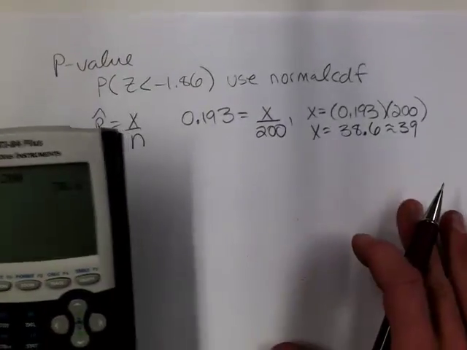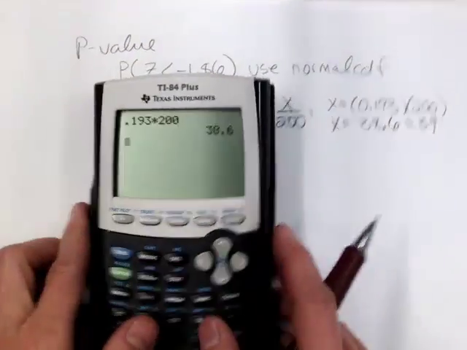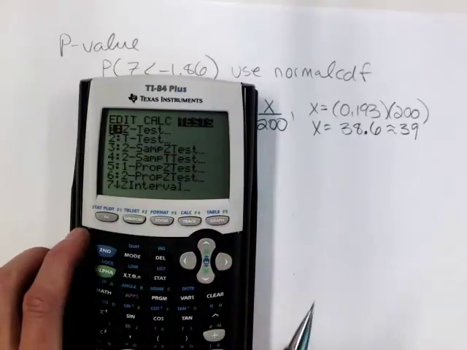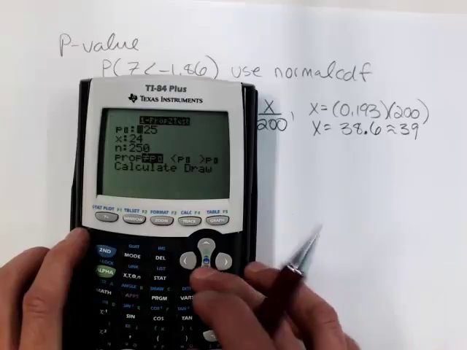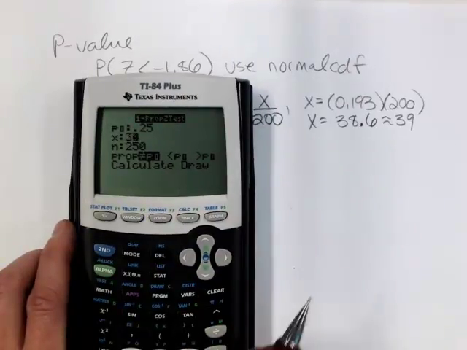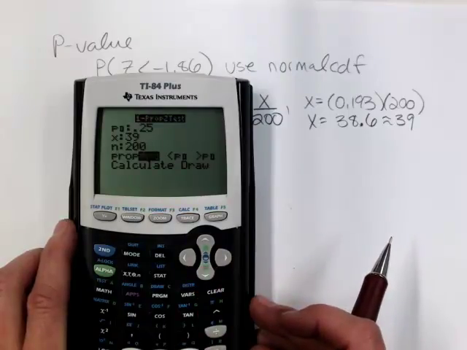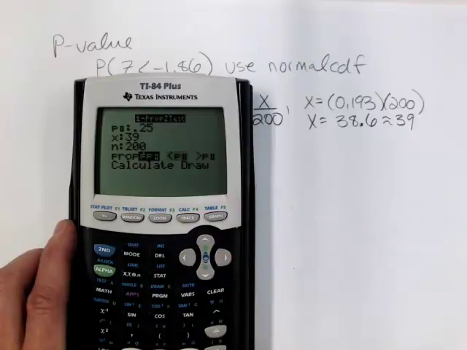All right. Going back to my one proportion z-test, my number of successes is about 39 out of 200. And then I want to change my alternative to be less than.